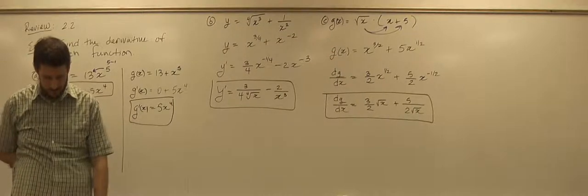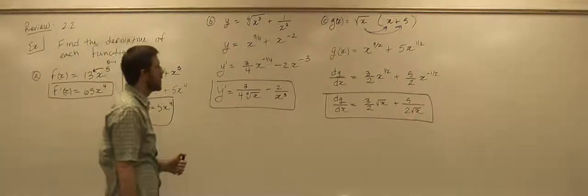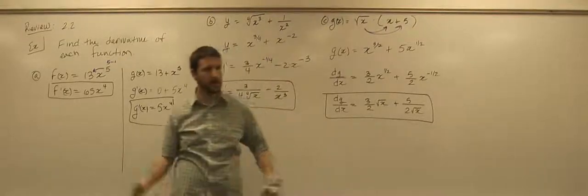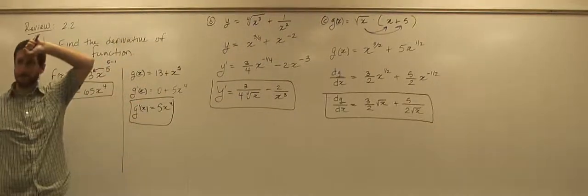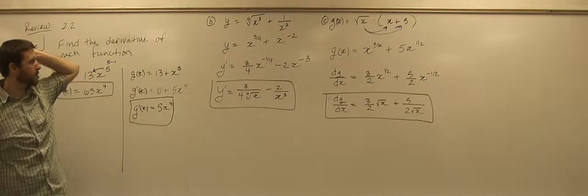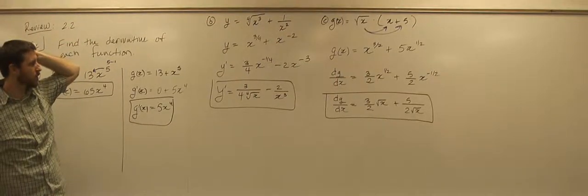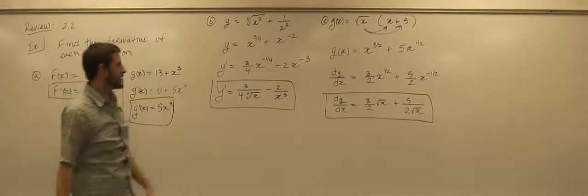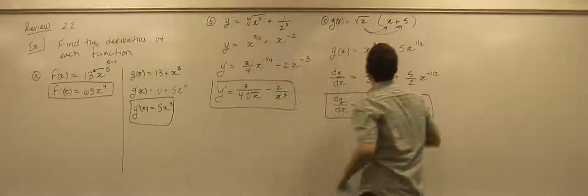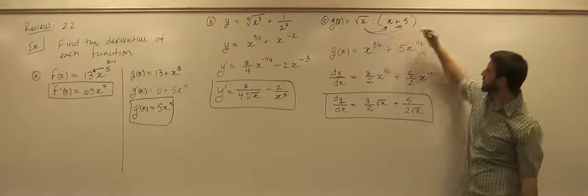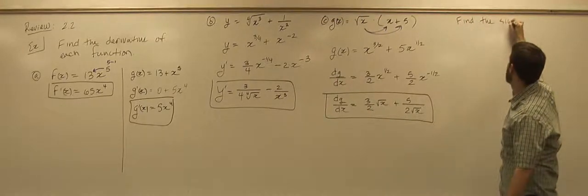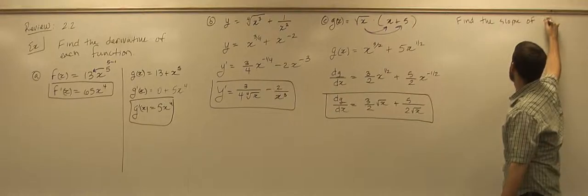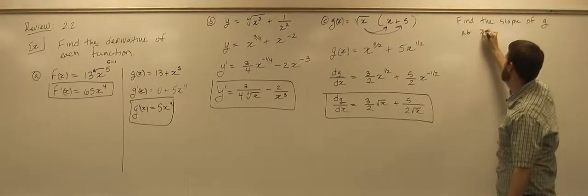Okay. Maybe one more. Something hard. Questions about any of these? No? What if I asked, instead of just find the derivative, what if I said for g of x, find the slope of g at x equals 1?